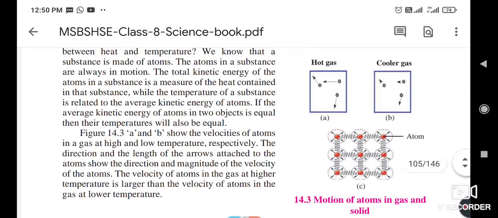So as the heat increases, the temperature of a gas increases, and the velocity of the atoms of the gas increases.